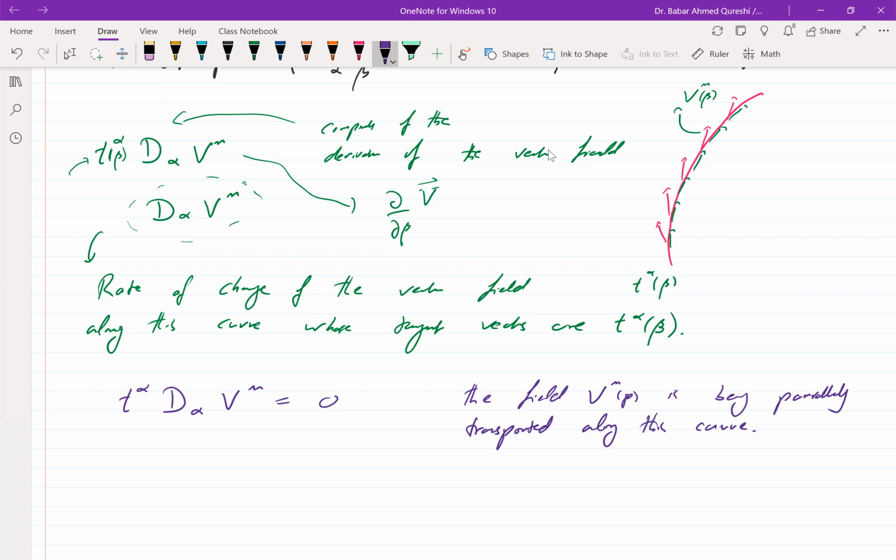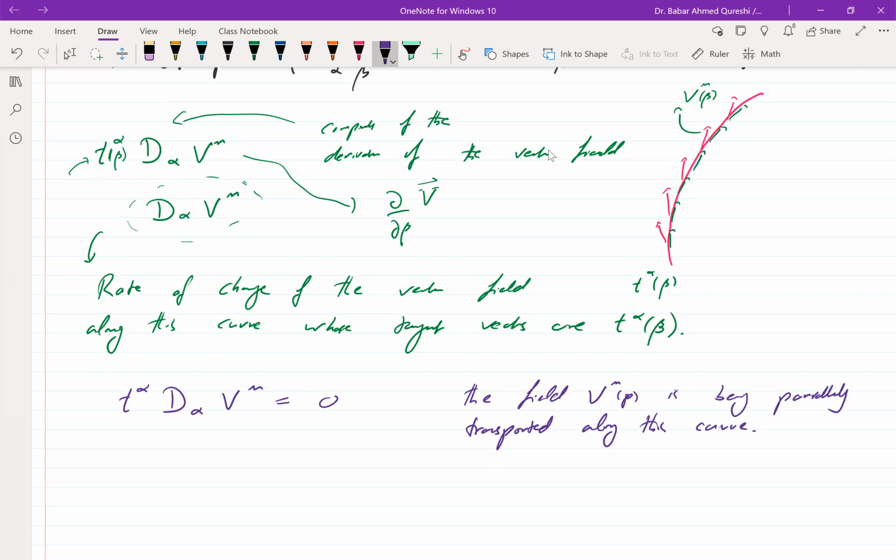Because this equation is saying that as you go along this curve, there's no change in this vector field. So that means, in a sense, you are keeping the vector parallel to itself. You're not changing its direction or changing its length, but that's not much important. You're not swirling it around.